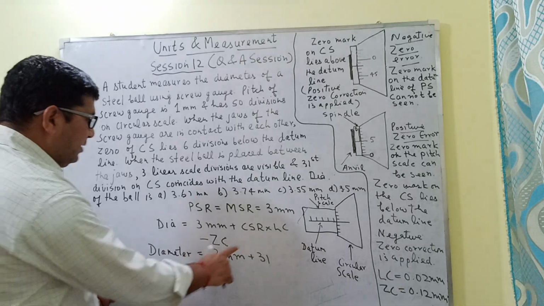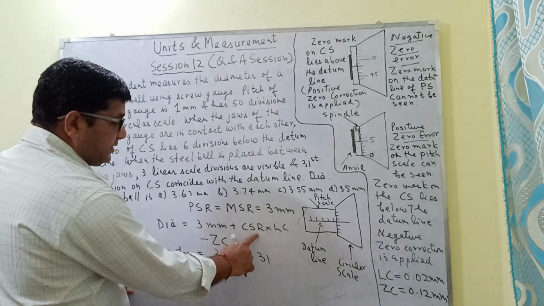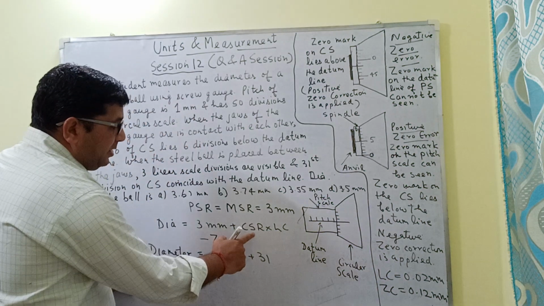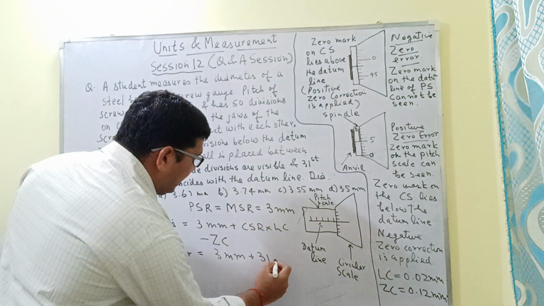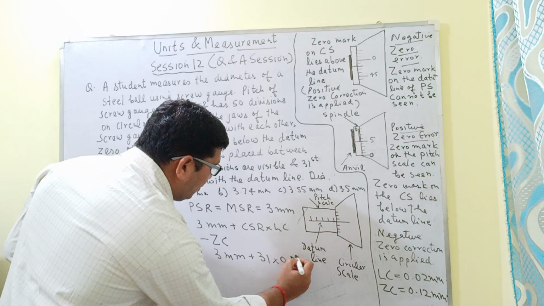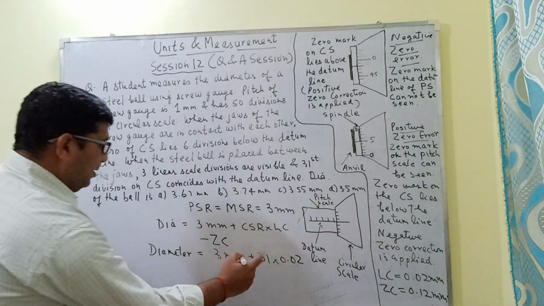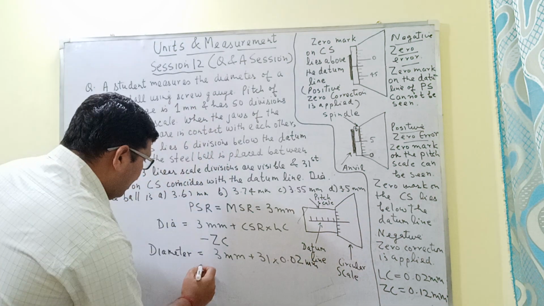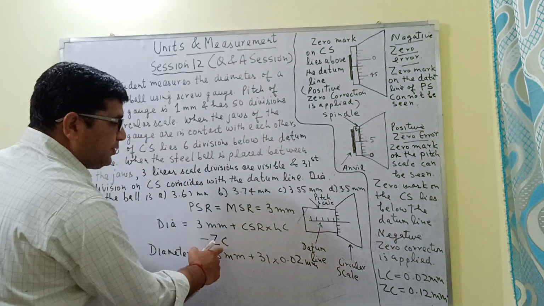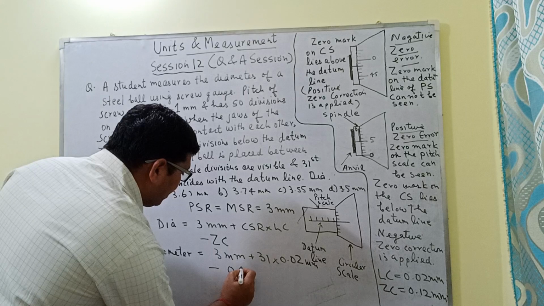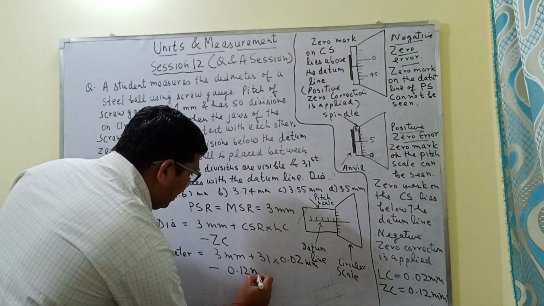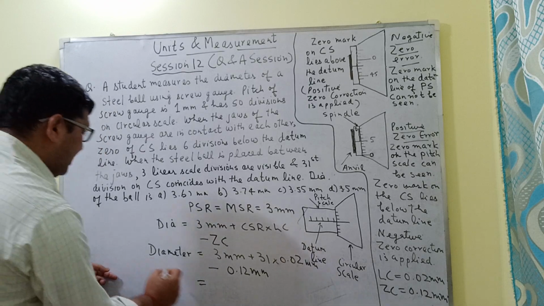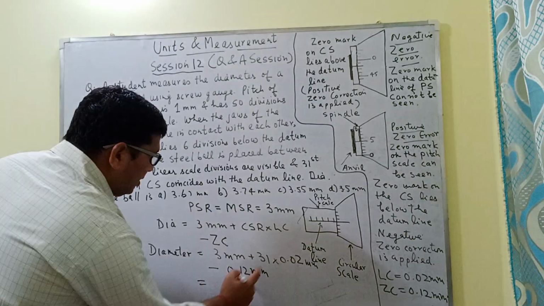So the coinciding circular scale reading is 31 into the least count, 0.02 mm, minus the zero correction, which is 0.12 mm.